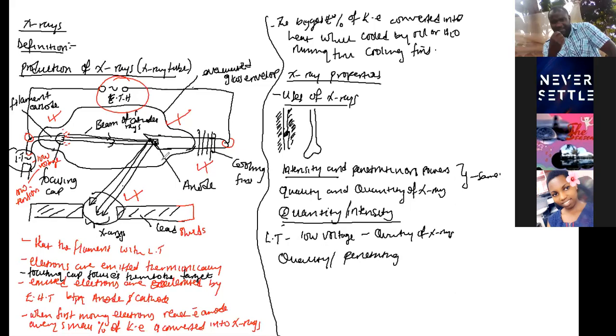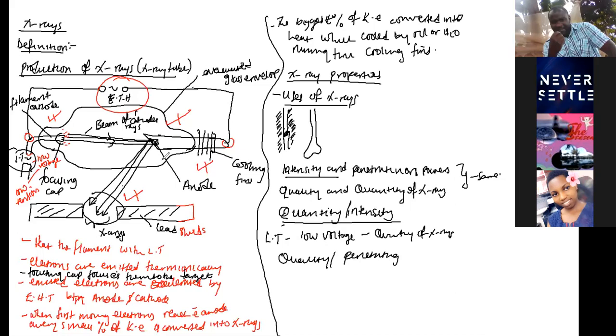There they're asking you for quality, for penetration power. How would we produce good quality X-rays that penetrate either so deep or so little? So the question revolves around quality, whether it comes in terms of soft and hard X-rays, penetration power, or quality. While quantity and intensity predict the number of X-rays that you can produce.